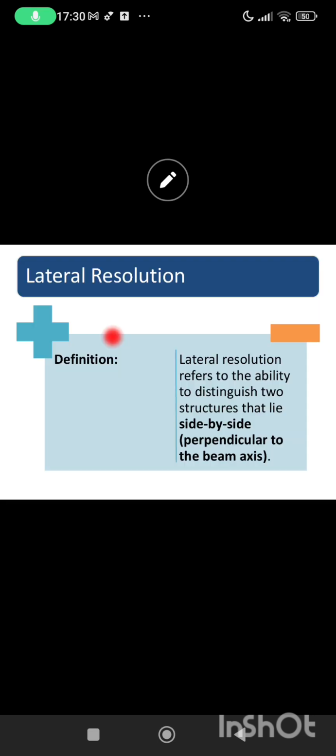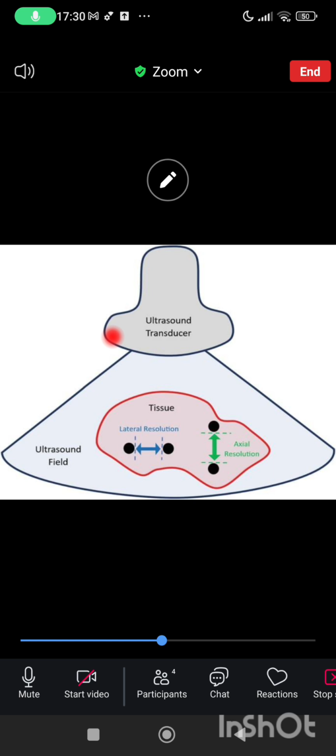Okay, next one is the lateral resolution. So lateral resolution refers to the ability to differentiate two structures that lie side by side, perpendicular to our beam axis. As you can see here, this is our transducer, so the beam is coming like this, and these two objects lie side by side, so they are perpendicular to our beam axis.